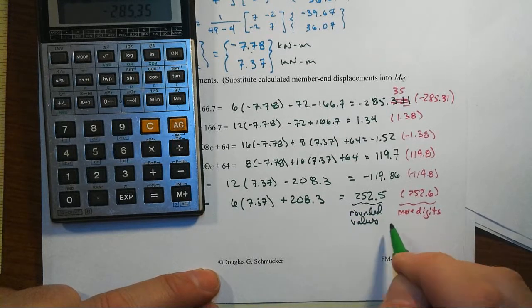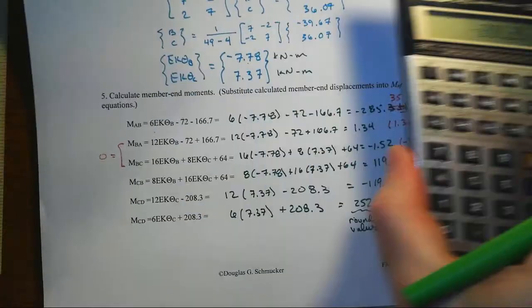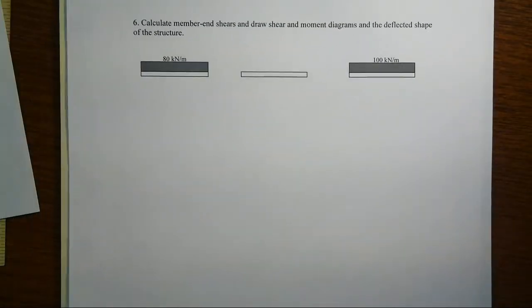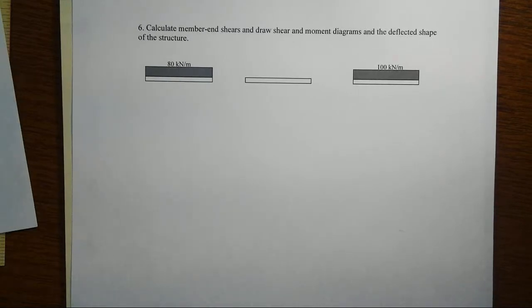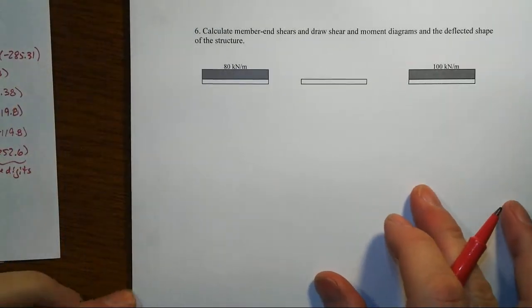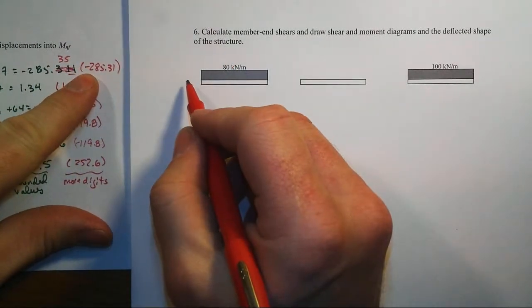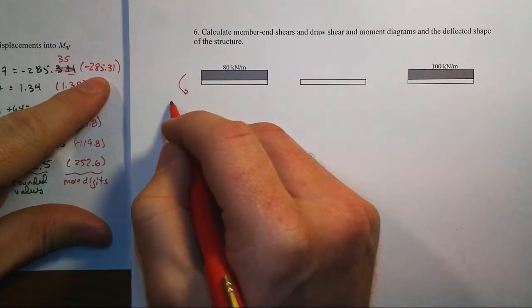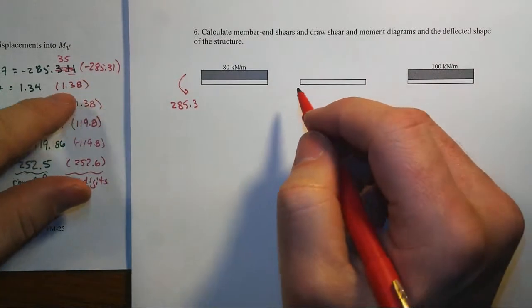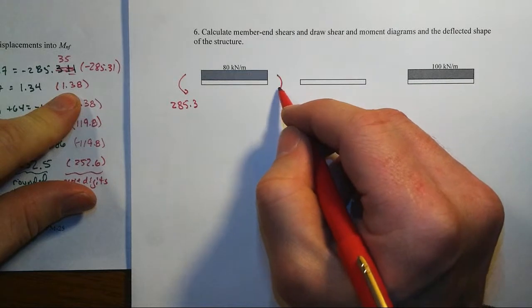Alright, let's take those and put them on the free-body diagram. In another part we will look at doing the actual shear and moment diagrams and everything else. For the moment at B we have a negative 285.3, so that means it is opposite of clockwise. I'll start allowing rounding errors to happen a little bit here.